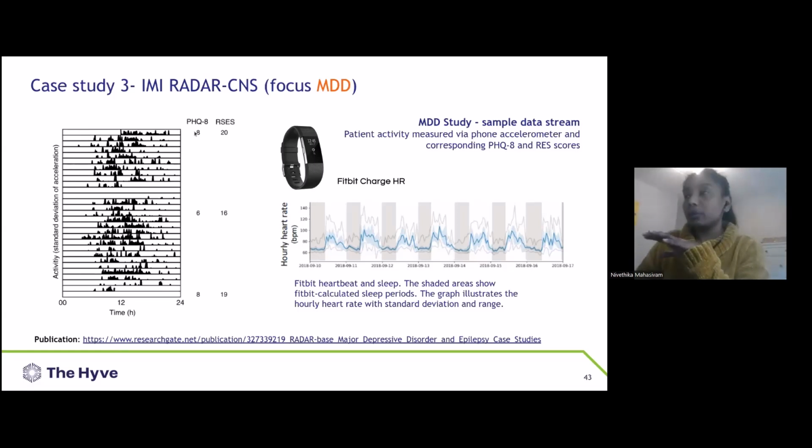And if you compare that data with the PHQ and RSES scores, which are quite high, which indicates that this participant is not depressed. So, which means there are ways that you can actually use this kind of digital measures and find out if a particular stage in the disease or a particular participant is depressed or not in this specific case.